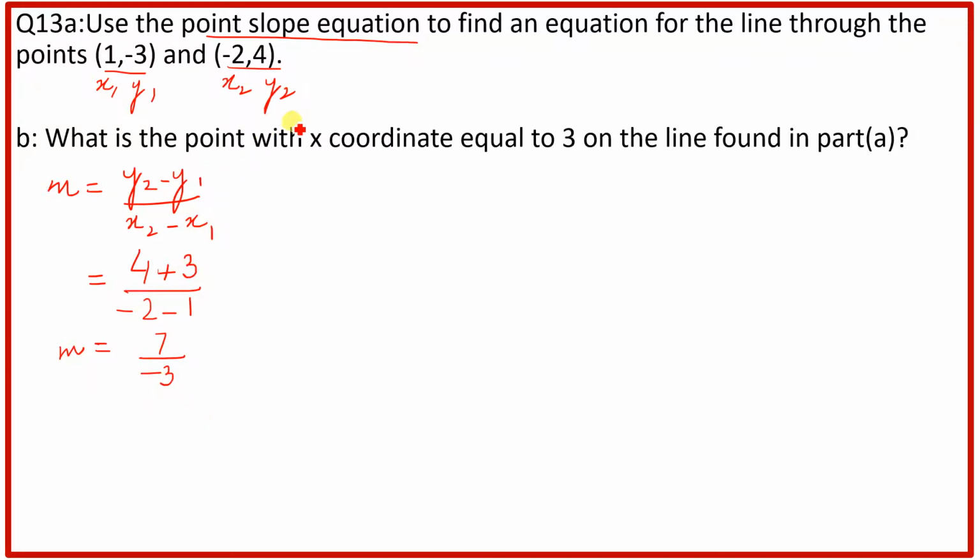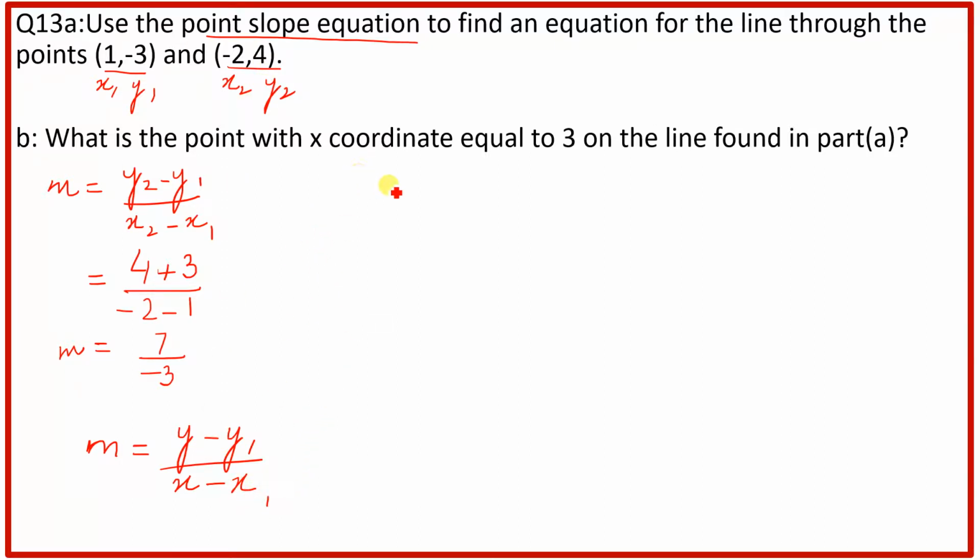Now we will use any one point. We are going to use the point slope equation: m equals y minus y1 over x minus x1, because we have to use one point. Anyone, you can take this pair or you can take that pair.